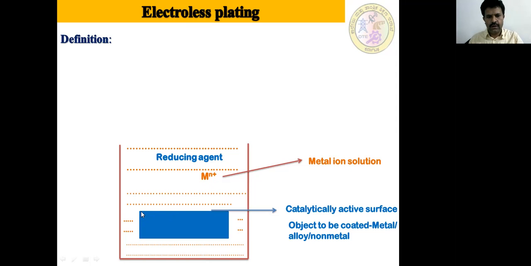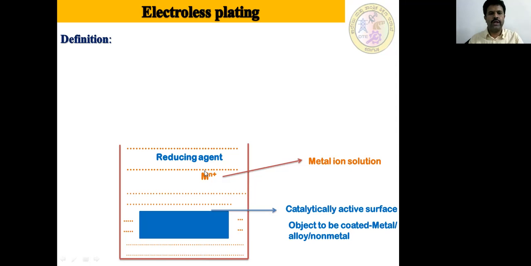I need to deposit the metal ions of the metal on the surface of the substrate. And the main important reaction to occur on the substrate surface is the reduction reaction. For the reduction reaction, here metal ions are available. Another very important requirement is electrons.